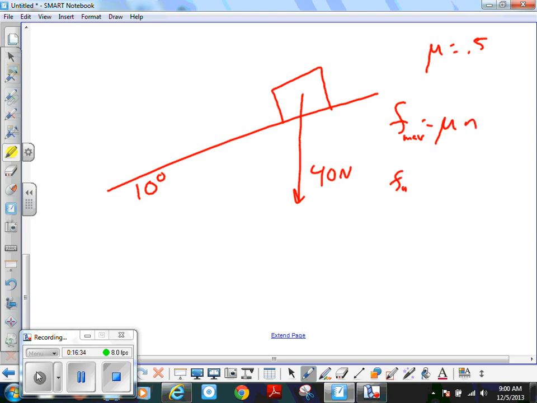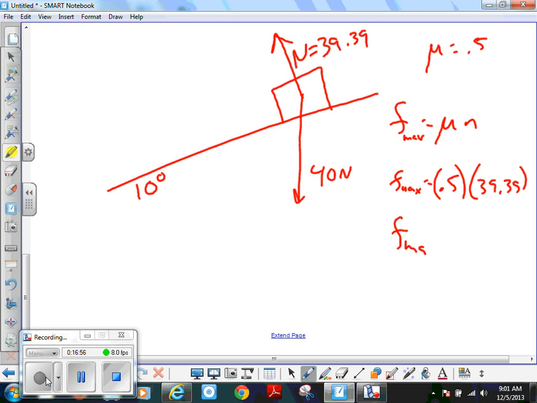Force max in this case is 0.5 times the cosine of 10 times 40. What is cosine of 10 times 40? 39.39, okay. So our friction max here is going to be almost 20 newtons. Do you agree? Almost 20 newtons.